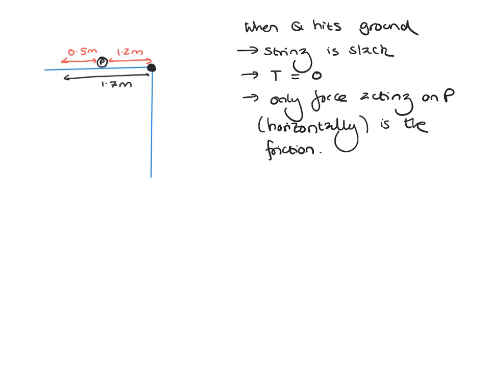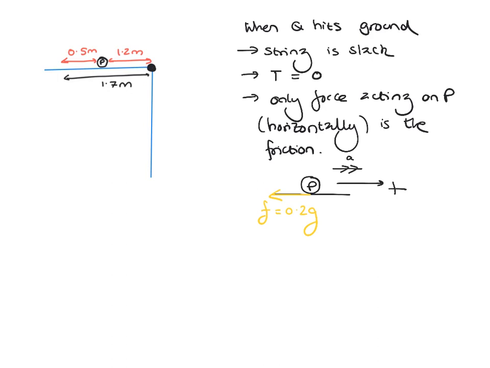Now, the acceleration of P will change once Q hits the ground. Let's have a look at drawing a quick force diagram. We have the friction acting in this direction because remember it's opposing the motion, it's equal to 0.2g. P has a residual velocity which is taking it in this direction, we'll call going to the right positive.